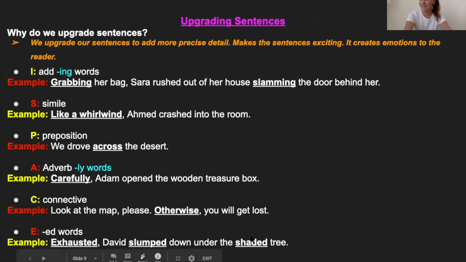And shaded tells us what the image of the tree is. We know the sun was not beaming down under the tree, so it'd be a nice, cool, quite dark tree area. Excellent.